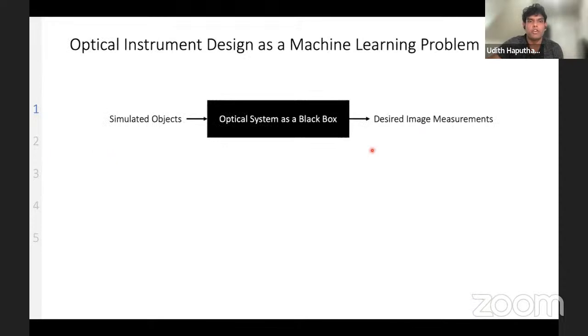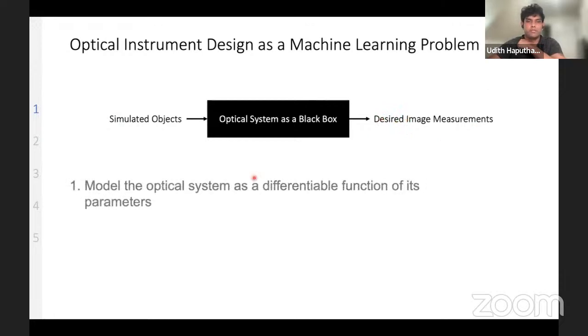And yeah, so these are the exact steps of the setup. We have a simulated object, and we set up our optical system as a black box, which I will go into in more detail in the next slides. And we have the desired imaging measurements.